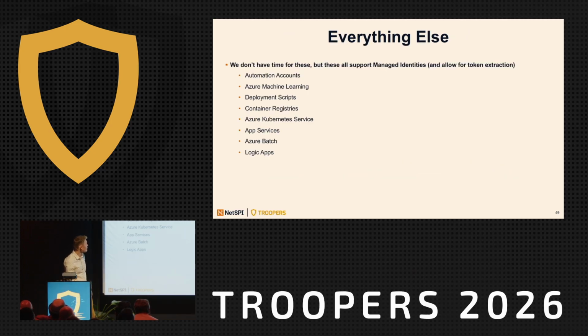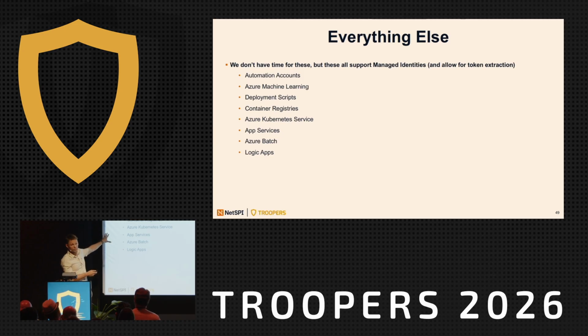All right. So as I said, we have limited time here. We've got a whole bunch of other things that support managed identities and token extraction. It's an important thing to note here: there are a bunch of Azure services that support managed identities for the service itself, but there's no way to get command execution or any kind of coercion to get tokens extracted for the managed identities out of the services.